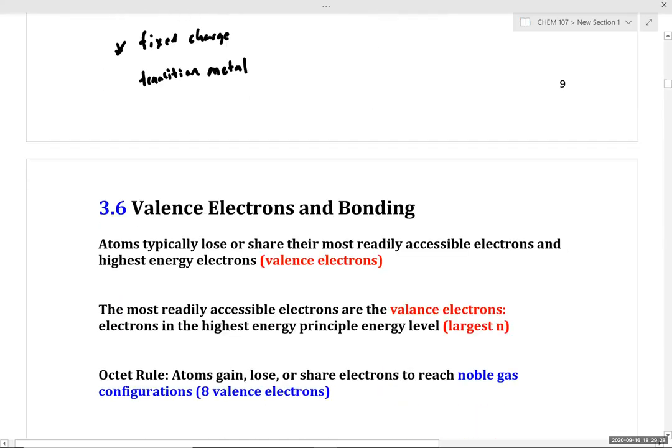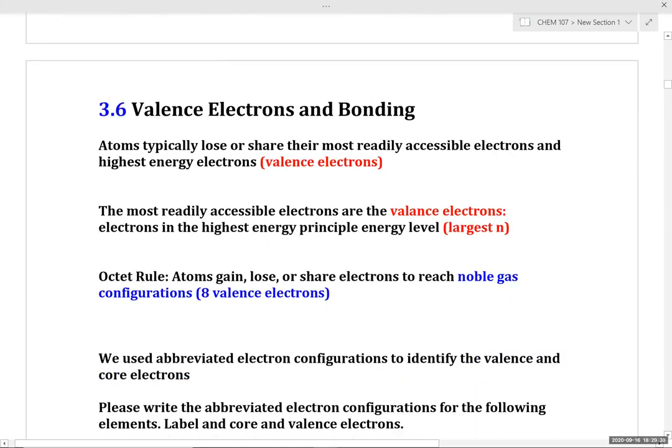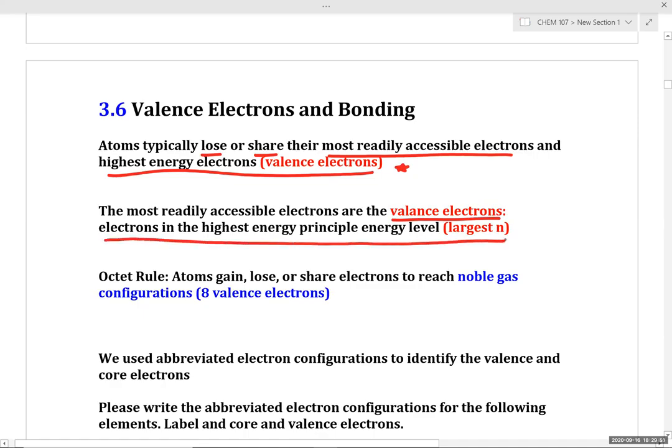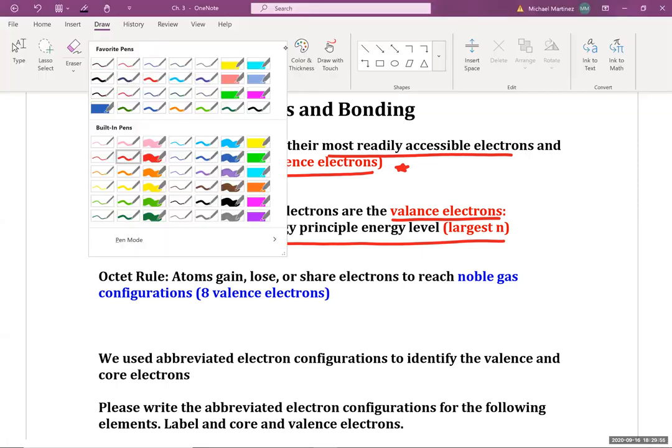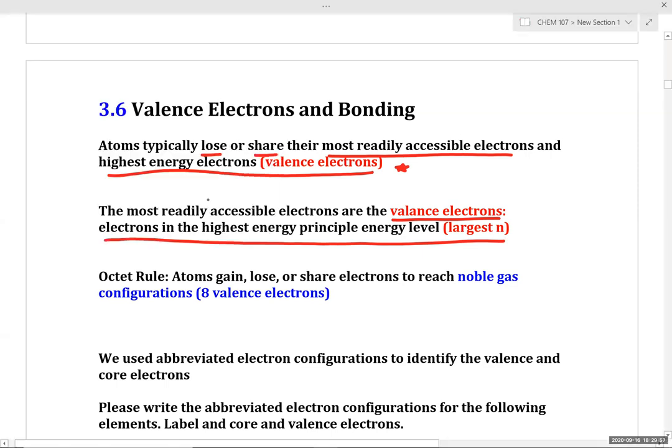Okay, let's keep going and let's talk about valence electrons and bonding. So atoms typically lose or share their most readily accessible electrons and highest energy electrons, otherwise known as the valence electrons. The valence electrons are defined as the electrons in the highest energy principal energy level, the electrons with the largest n value.